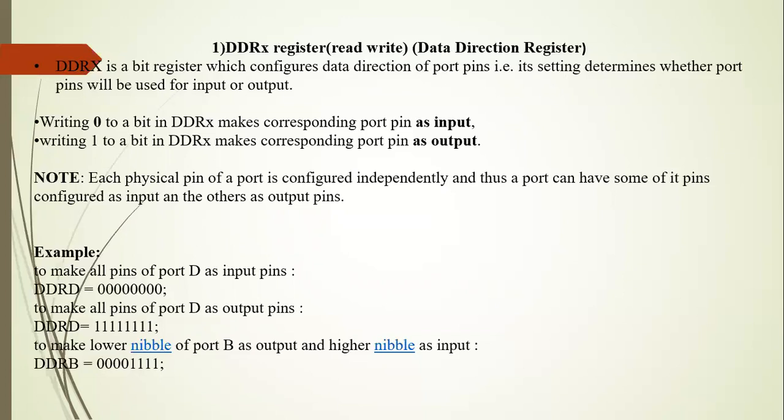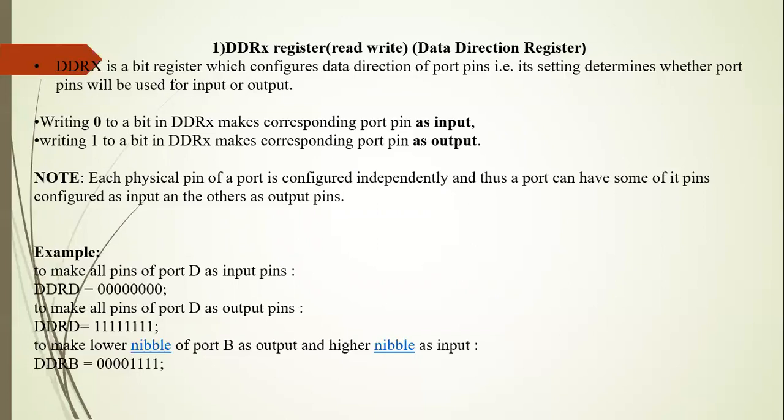Why output? Because the data will be flowing from the microcontroller to the LED. That means the microcontroller is outputting the data. So for a 4 LED program, out of the pins, any four pins I need to configure as output, and for that I need to set the corresponding bits of the DDRX register as 1.